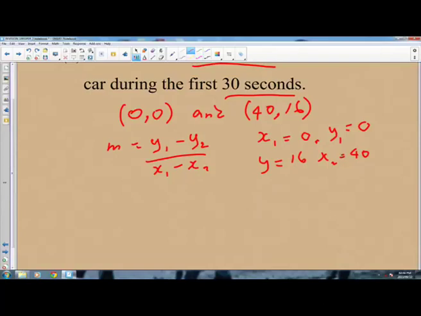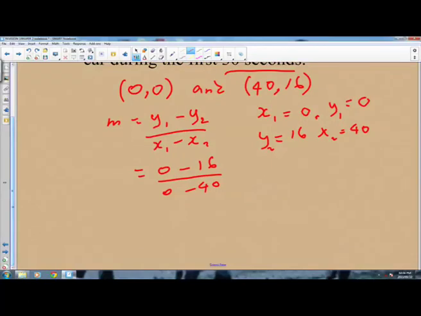So the gradient will be, our y1 is 0 minus y2, which is 16, divided by x1, which is 0, minus x2, which is 40. So what we have is 0 minus 16 divided by 0 minus 40, and this will be minus 16 divided by negative 40.